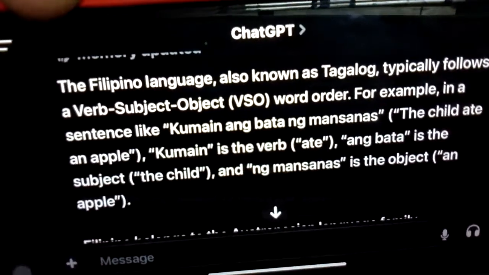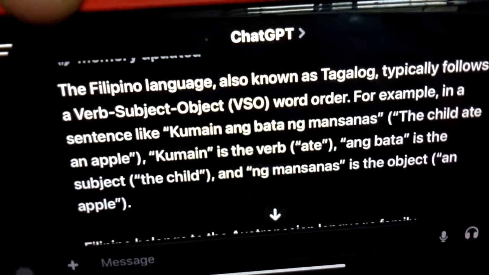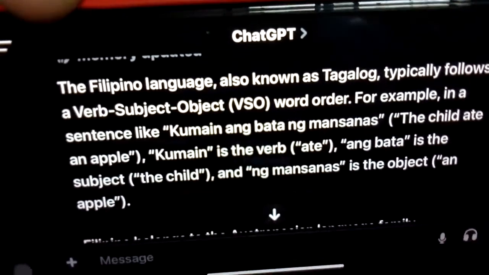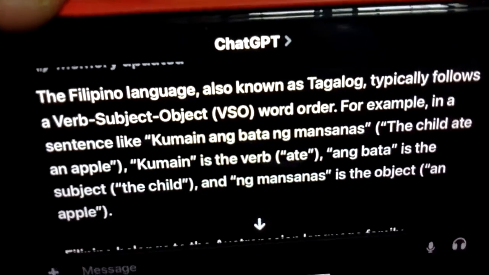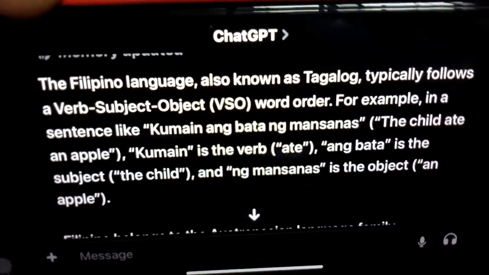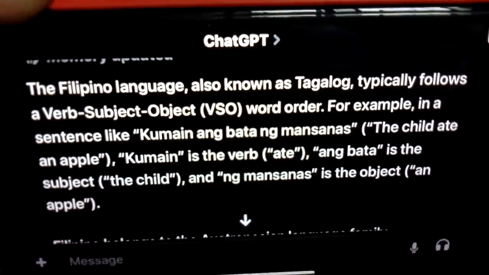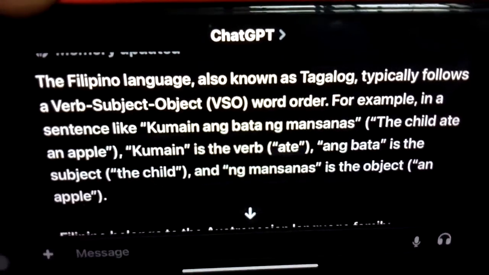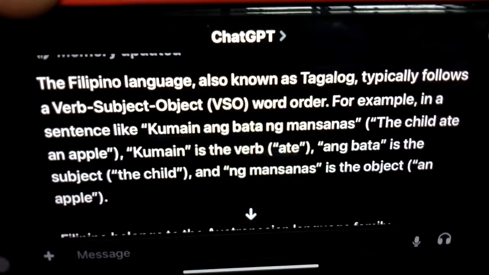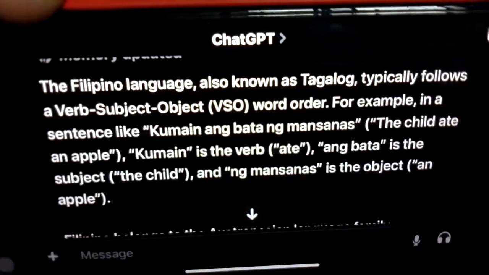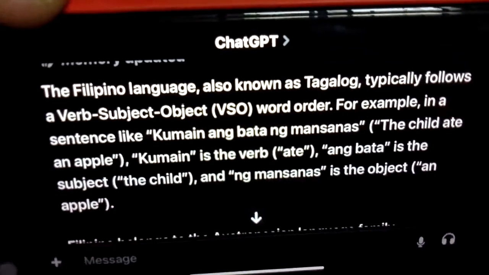Child ate an apple. Kumain is the verb, okay? So kumain is the verb. Ang bata is the subject, the child. Verb, subject, and then the object. Ang mansanas is the object, an apple. So kumain ang bata ang mansanas. Kumain is the verb, ang bata is the subject, a child, and then ang mansanas is an apple.